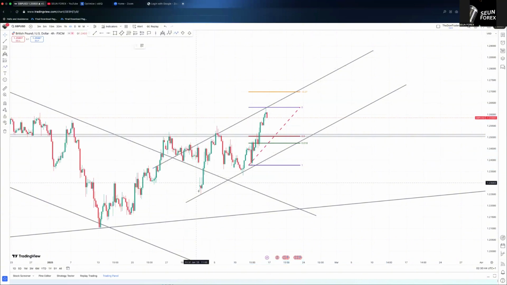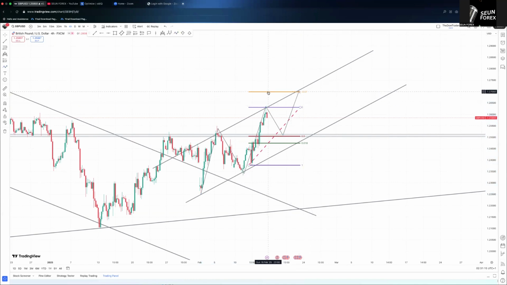This is higher high, higher low, higher high, now higher low. So I'm expecting market based on law of Wyckoff analysis to come to this key level and to come and do complete 100% of Fibonacci, which is exactly the end of this neckline.